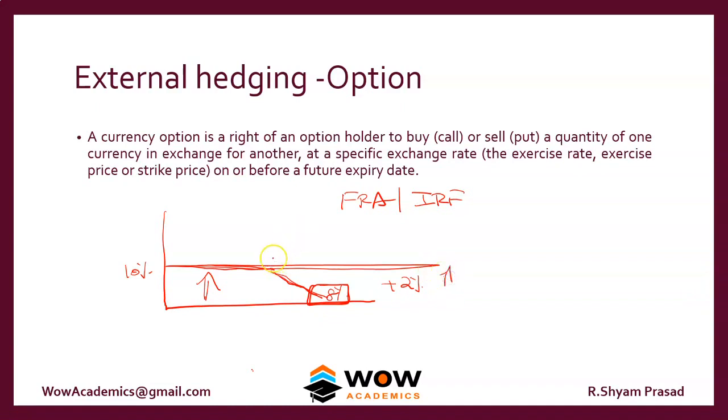If the interest rate goes to 12%, the bank gives you the 2%, and your interest rate again comes to 10%. In FRA and in IRF, the interest rate is always at the entered one, the 10%. But in options, you have the option to pay 10%. If it's favorable to you, you can take advantage. If it's adverse to you, you don't take that. So anything favorable, you can take advantage of it.